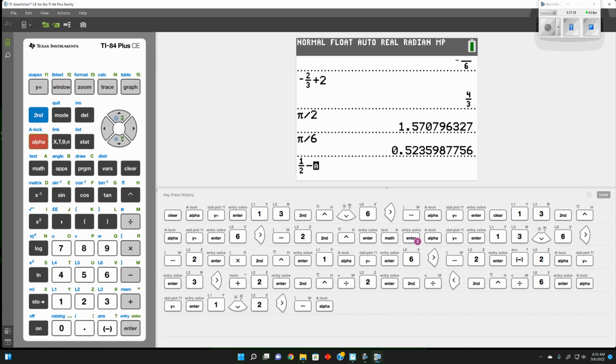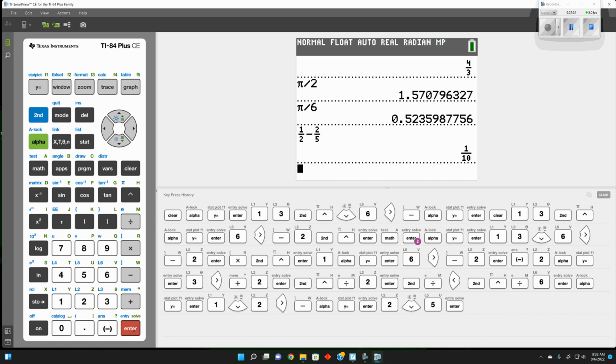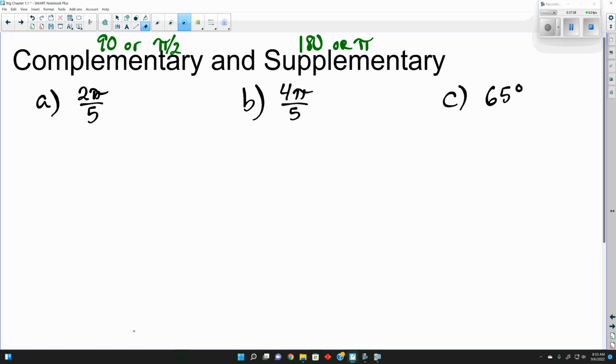So we can say 1/2 minus alpha y equals enter 2 over 5. Questions on how we did that there? So we get 1 over 10, so pi over 10 would be the complement.